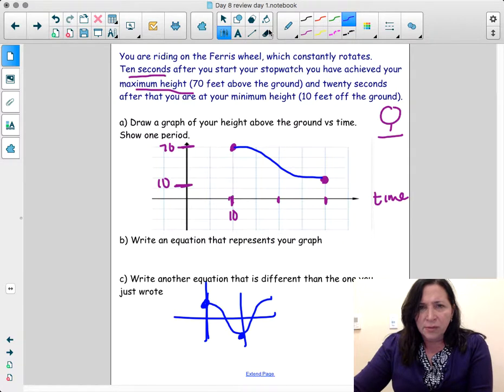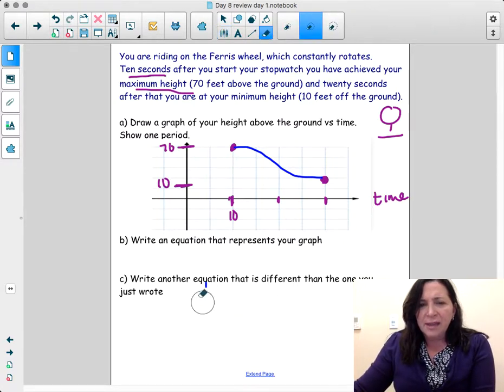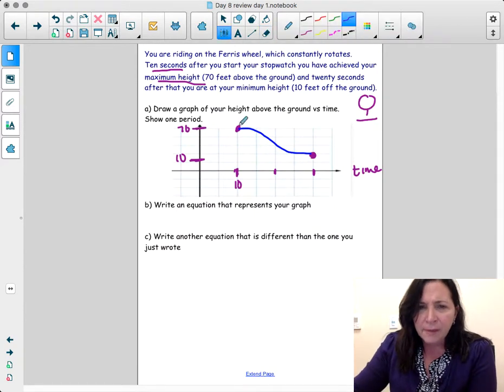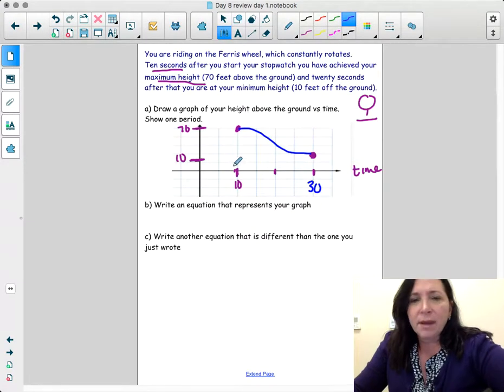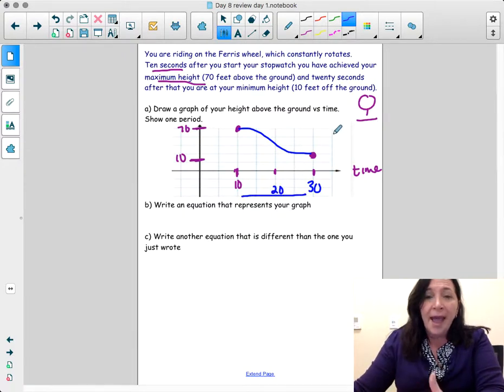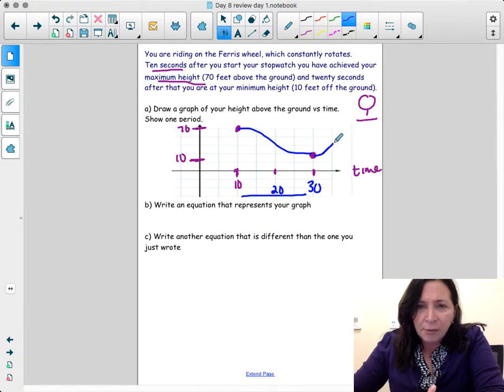If that's 10, 20 seconds later, now I'm at 30. So this distance here, which is 20, is not my period because that only gives me half of my graph. My graph is going to keep going and end over here.